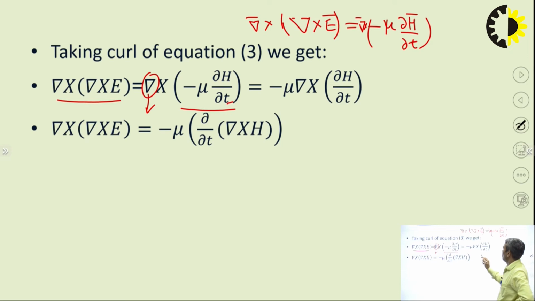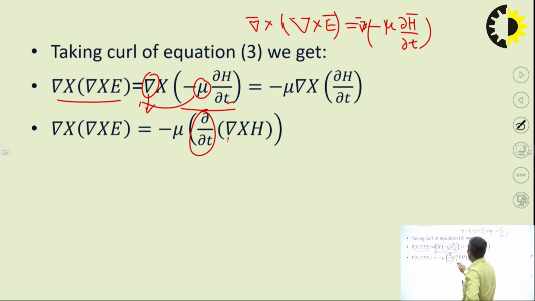So first of all we take mu as a scalar function outside, this minus outside. So, del cross del H by del T, and in second step del by del T take outside and this operator inside, because these two operators commute.